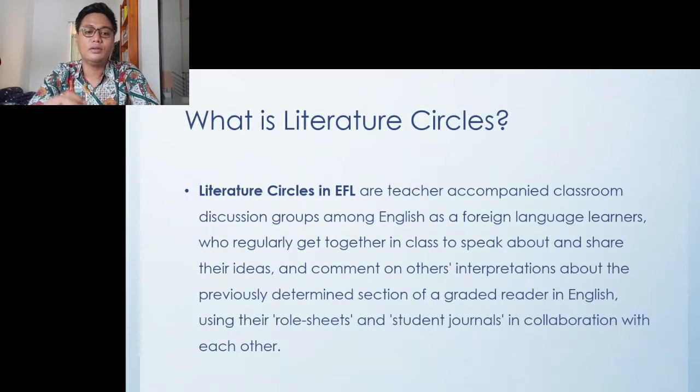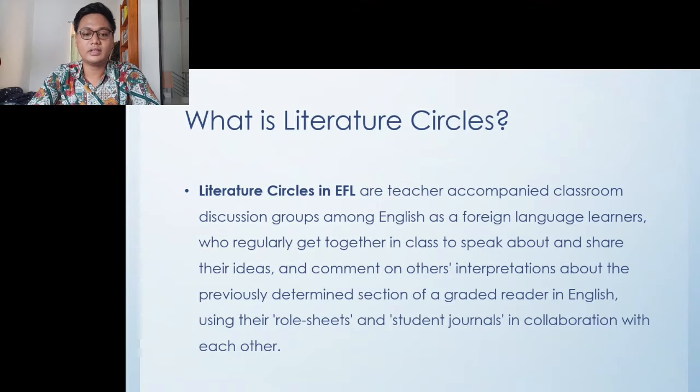So basically, literature circles are small, temporary discussion groups of students who have chosen to read the same work of literature. Each member agrees to take specific responsibility during these discussion sessions.